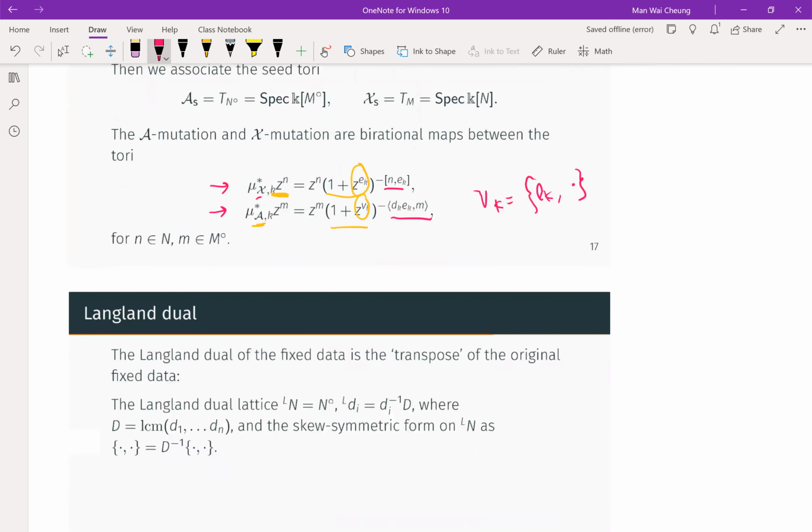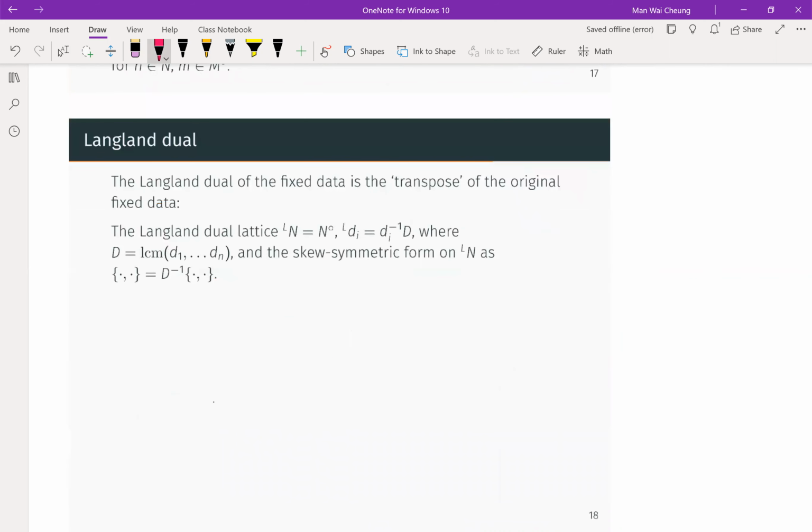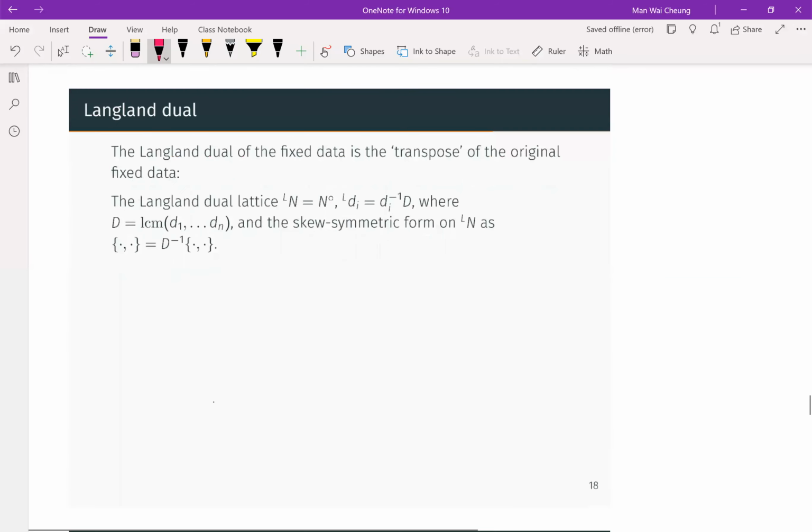And then what I want to further introduce is the Langlands dual cluster variety, which can be described as the transpose of the original cluster algebra. Actually, it's literally the transpose.